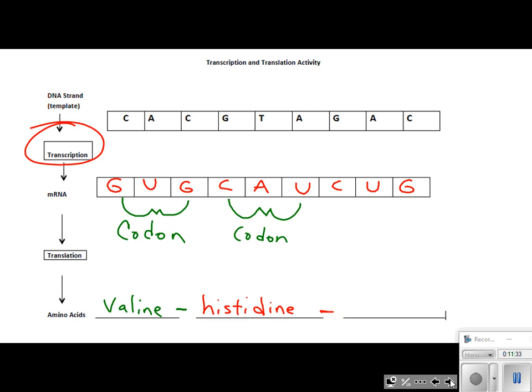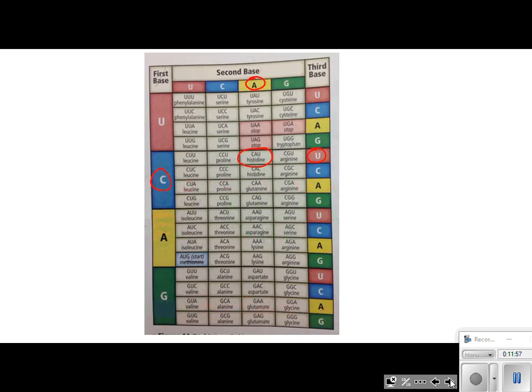We good to go on that one? Now let's look at my third one here. CUG is my third codon. CUG.